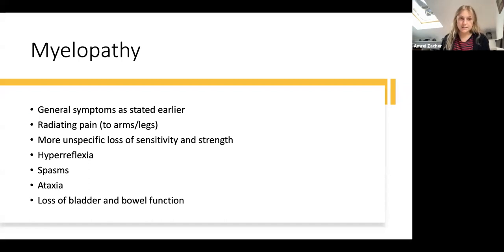The reason for this is that if you look at it, your motor function comes from the brain and goes as the pyramidal tract through the spinal cord as the first motor neuron, which carries the information about the movement.